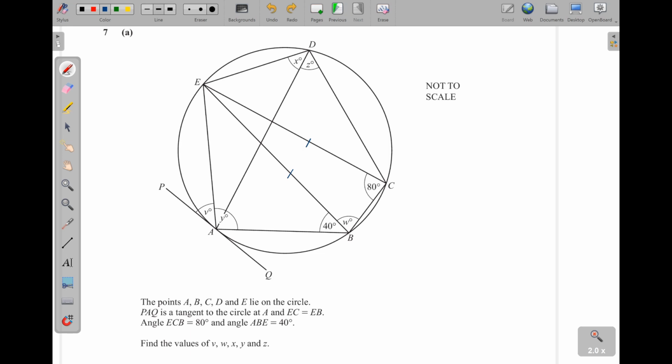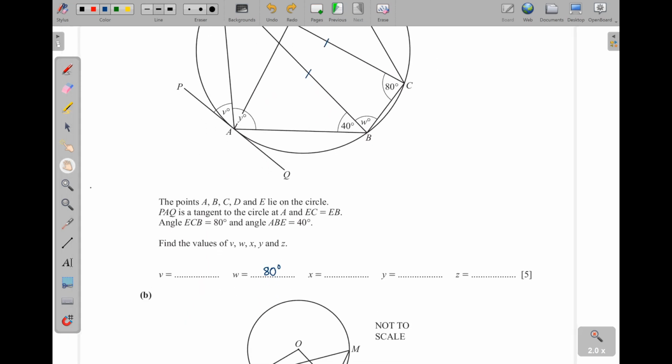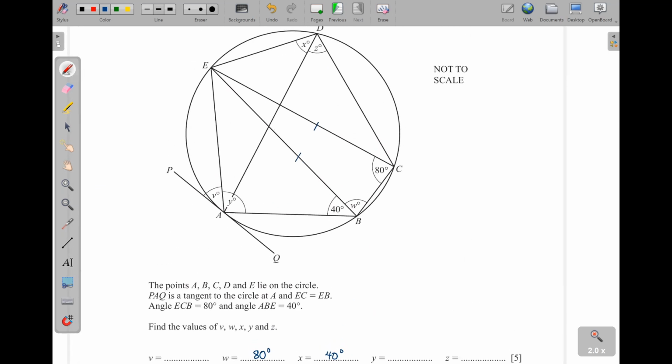So X is going to be equal to 40, because those are angles in the same segment. Okay, that is that. Then let's look at which other one is easier to get again. So let me actually put a 40 here, and then W, I put an 80 here.